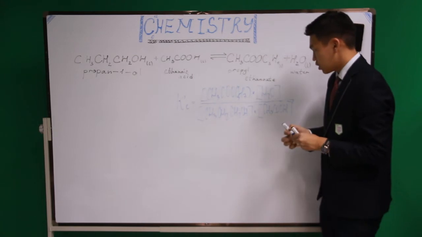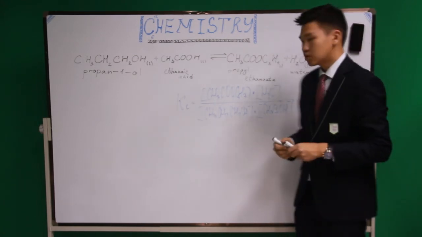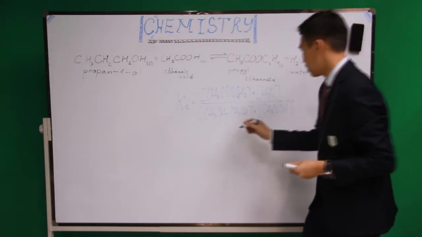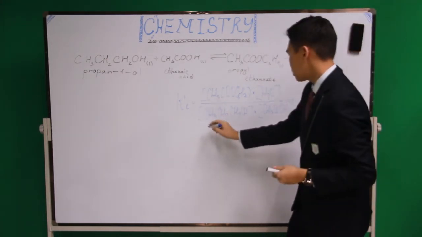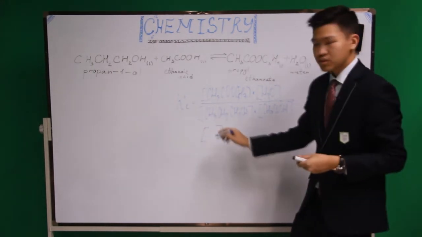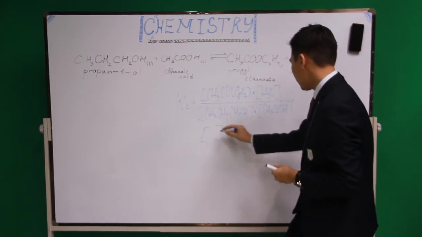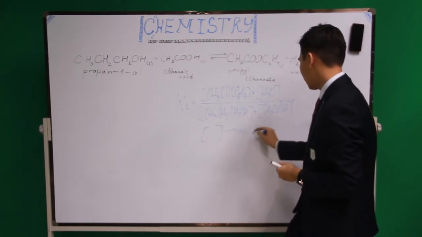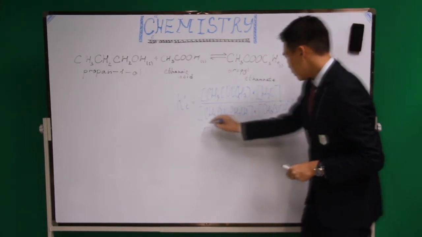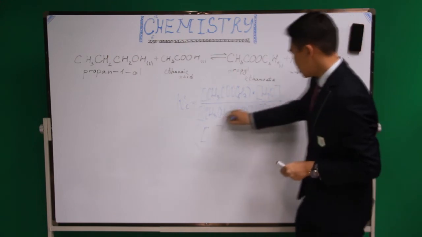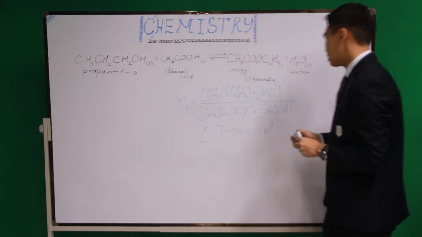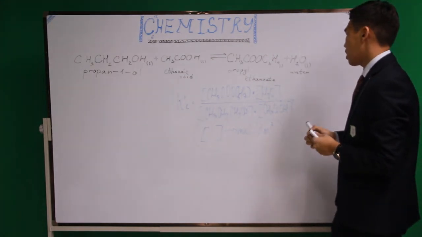So, as we know, the units of concentration are moles per decimeter cubed, and concentration itself is described by these square brackets. As we know from this reaction, Kc here doesn't have any units, but it depends on the situation.